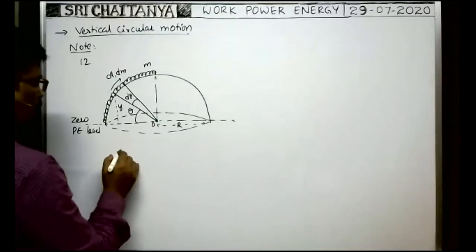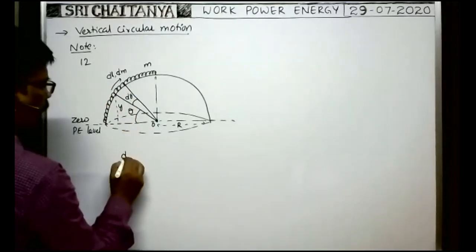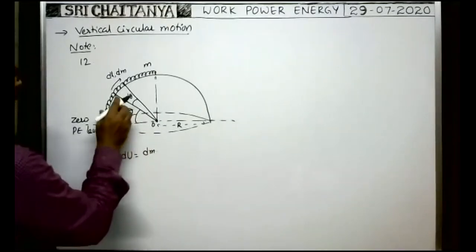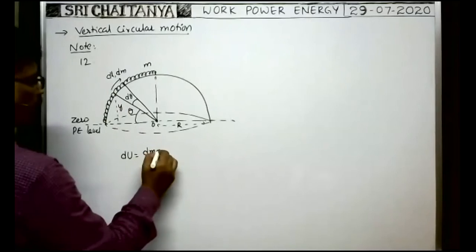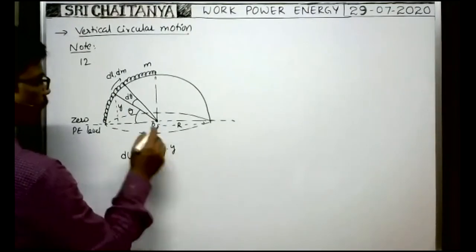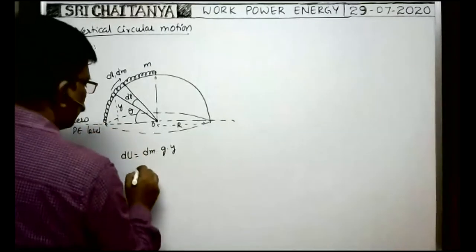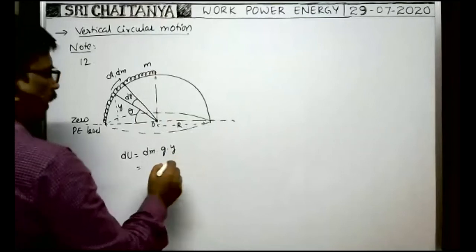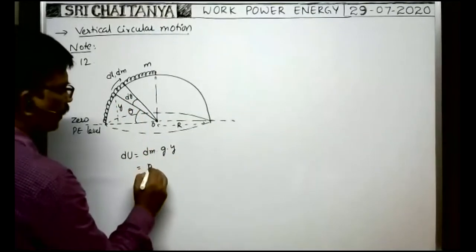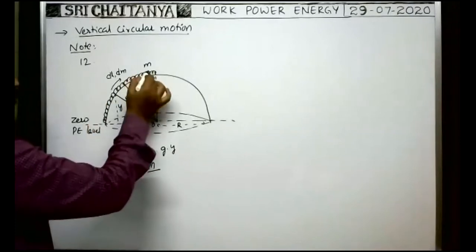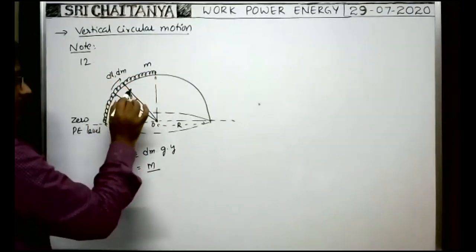Then the potential energy of this element dU is equal to mass of the element when the element is at a height y. What is the formula for potential energy? mgh, so dm into g into y. What is the mass of the element? The total mass of the chain is given as small m. The length of this chain is one quadrant of the circle, that means pi r by 4.